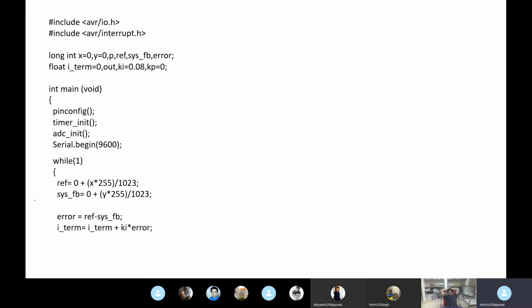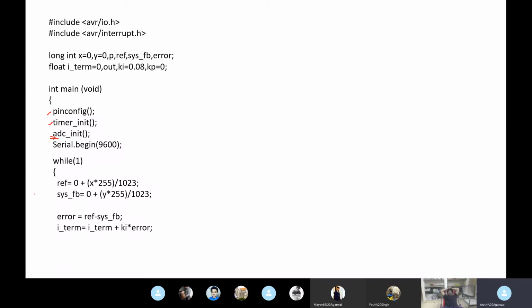For the ADC conversion part, we'll be using two things, which are the ADC initialize function and the interrupt service routine of the ADC. And for the PWM, we'll be using the pin configuration and timer initialize function and the interrupt service routine of the timer. Okay. So let me first explain the ADC, analog to digital conversion.